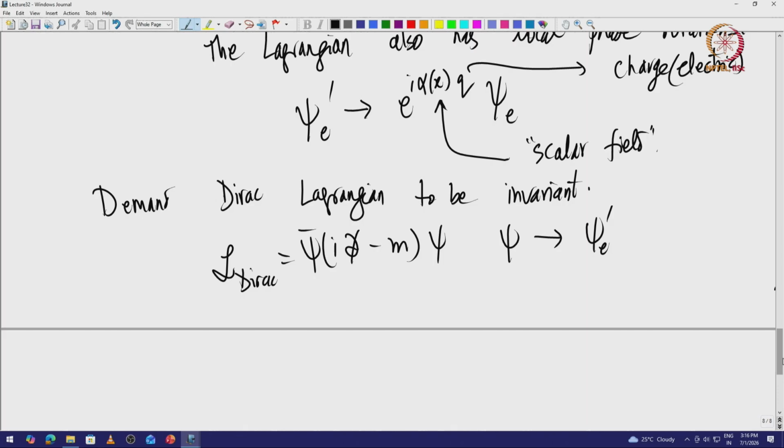So what happens if I have psi prime equal to e to the power i alpha of x times q.